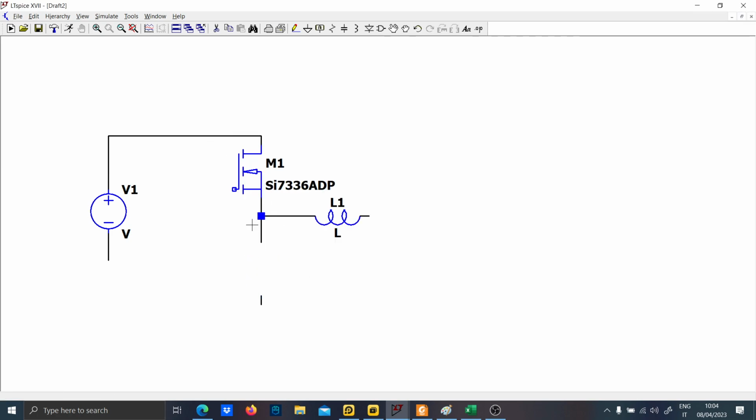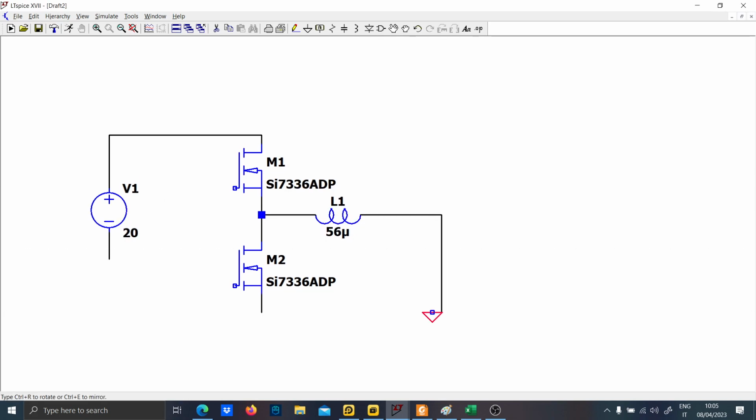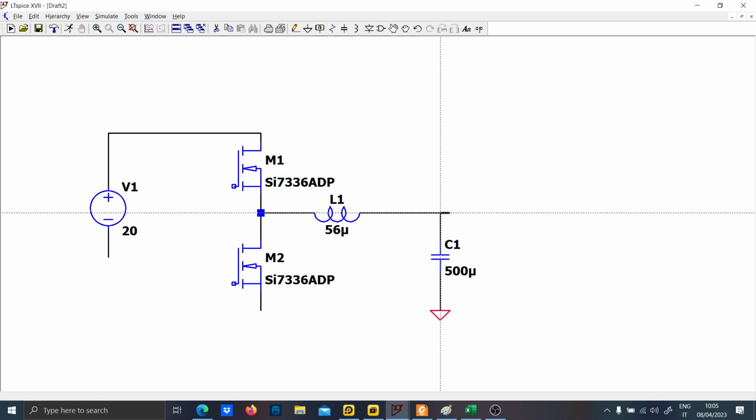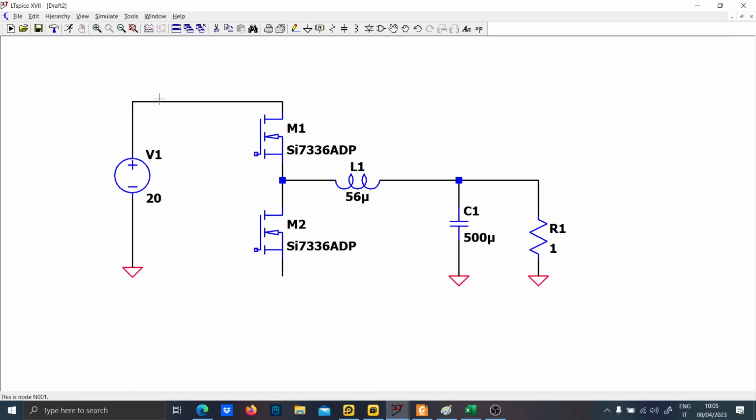Just put the first of the list. 56 micro, 20 volts, and an output capacitor of 500 micro. The load equal to 1. I think there is no reason to test the open loop buck because it is basically just 2 switches.